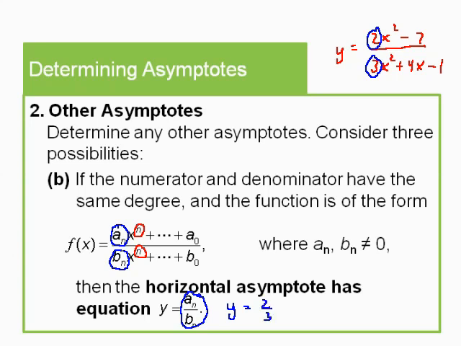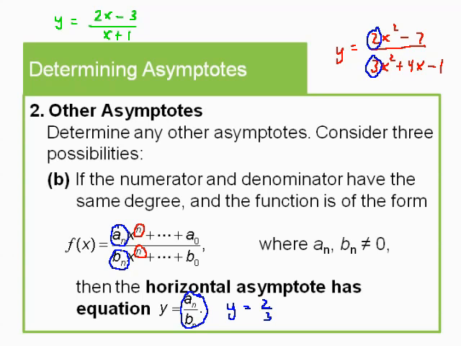Y would be 2/3. All right, let's take one more and see if y'all have it. What if I gave y'all, and I'll do green up here, y equals 2x minus 3 over x plus 1, which we may graph in a little bit.